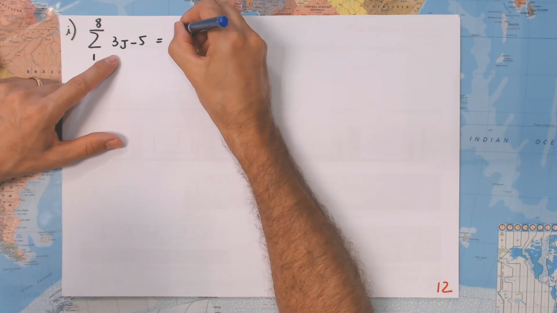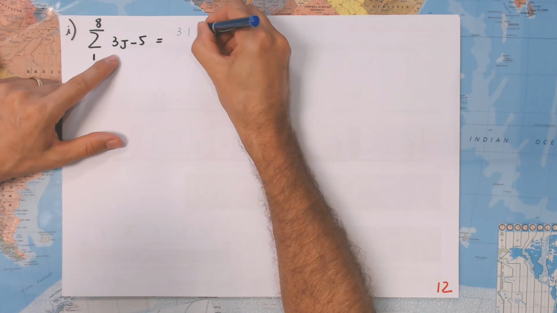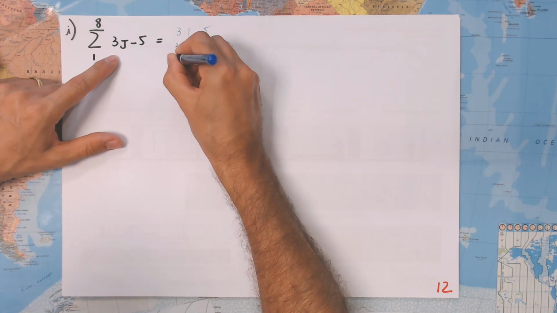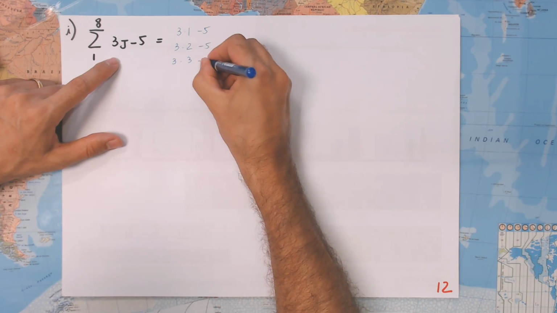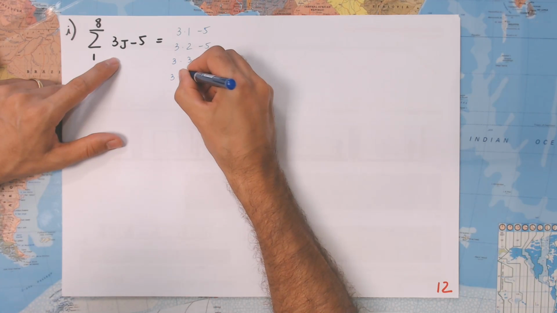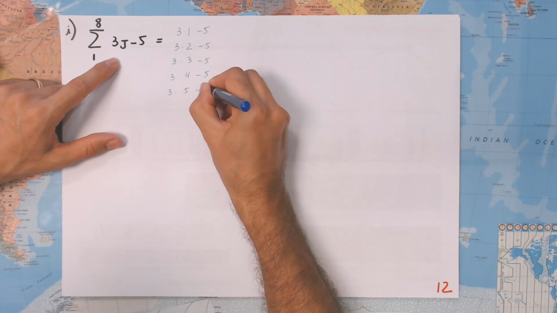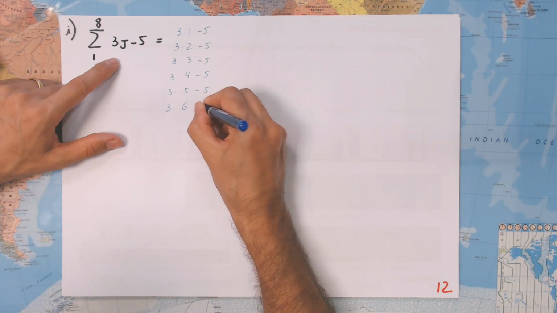Now, this is going to be what? 3 times 1 minus 5. 3 times 2 minus 5. 3 times 3 minus 5. Why? Well, I am at j equals 3, right? 3 times j minus 5. 3 times 5 minus 5. 3 times 6 minus 5.